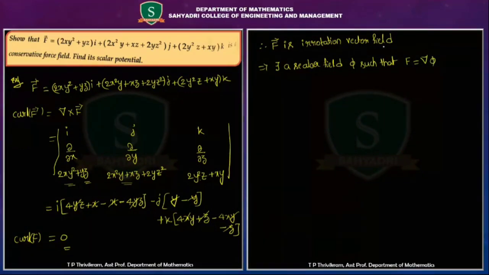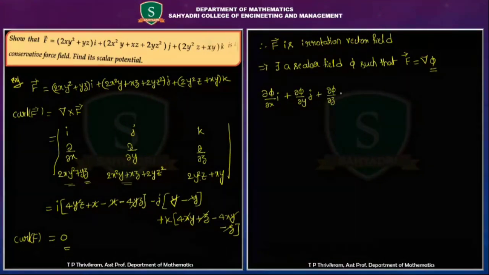Okay. So f equal to del phi means again you have to compare the equations. Using this equation we need to find phi value. So del phi means dou phi by dou x i plus dou phi by dou y j plus dou phi by dou z k.